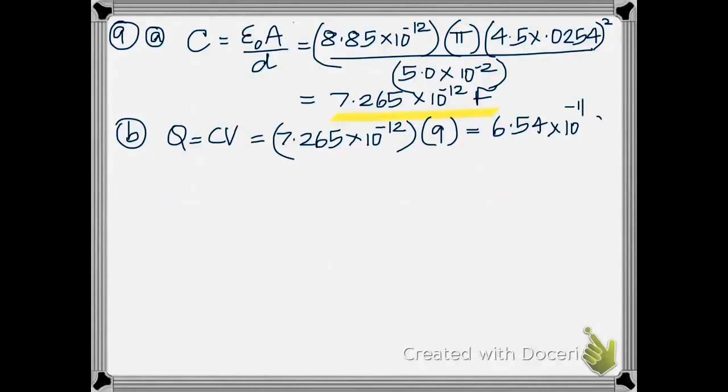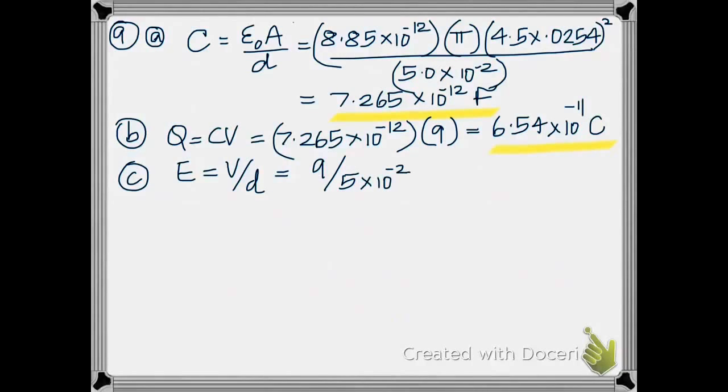You get 6.54 times 10 to the negative 11 coulombs. In the C part, you've got to find the electric field halfway between the plates. Electric field is the voltage divided by the distance. 9 divided by the distance between them, which is 5 centimeters, and you get 180 volt per meter.